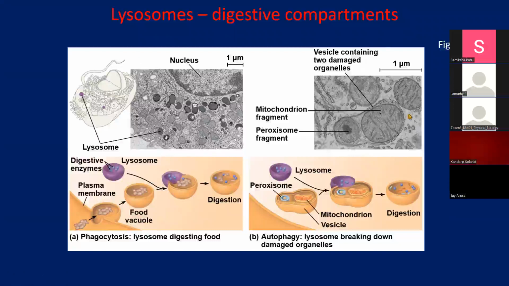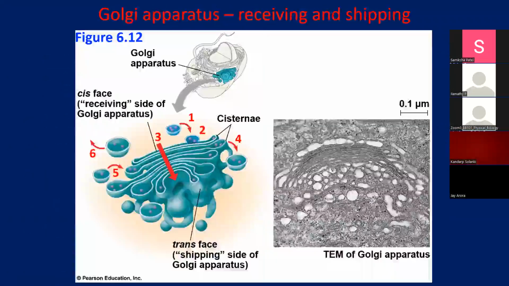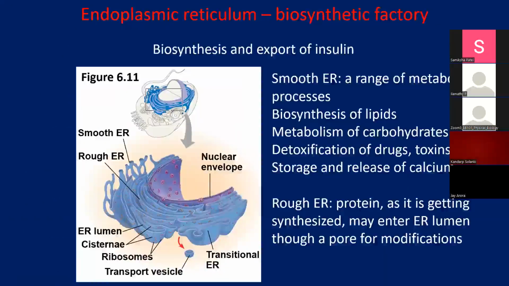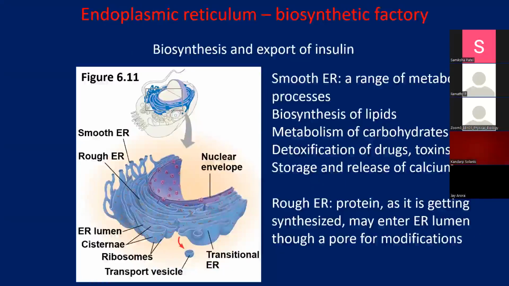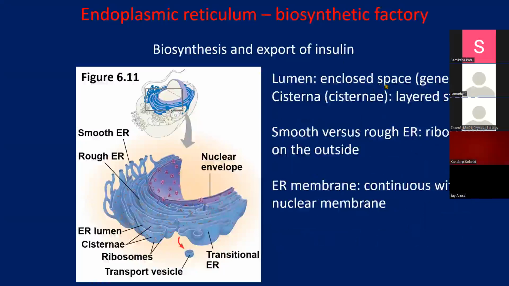One more thing. Could you please go to that endoplasmic reticulum slide? Here it's written ER lumen. Could you explain the function of this part? So the lumen is basically an enclosed space, a generic term.